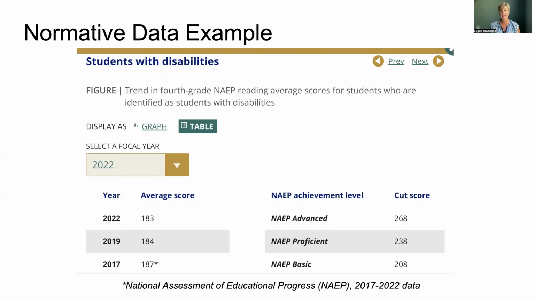Again, here is an example. This is from the NAEP test, the NAEP chart. This one is focusing on students with disabilities, and you'll notice from 2017 to 2022 that the scores are not showing improvement.